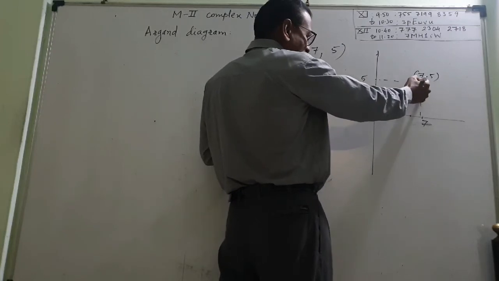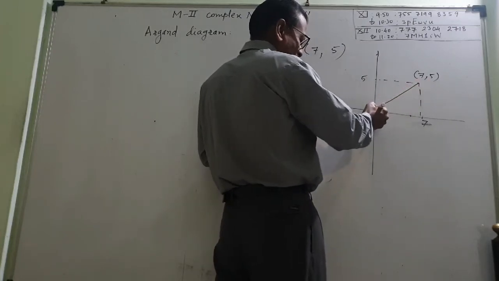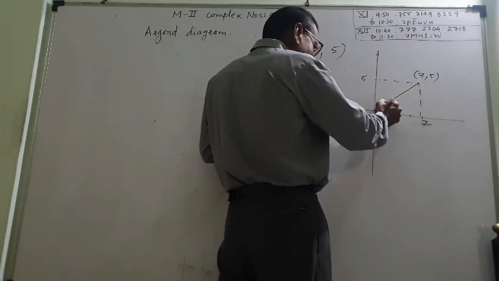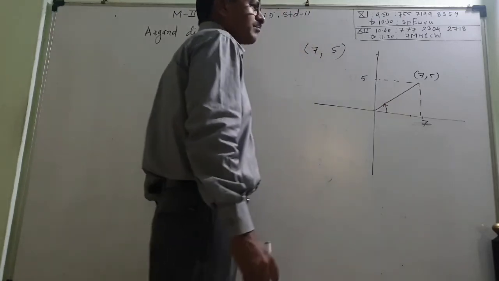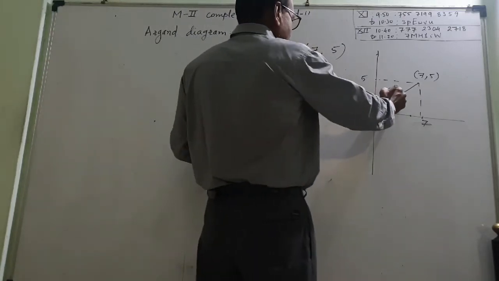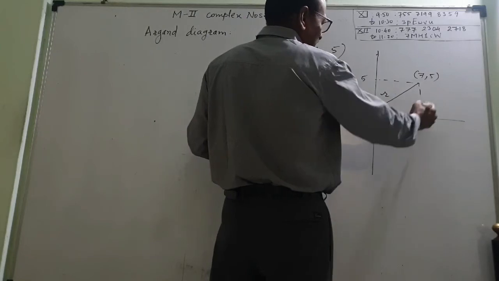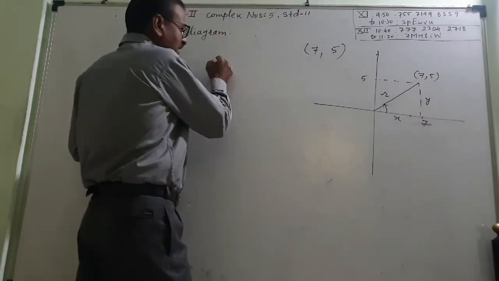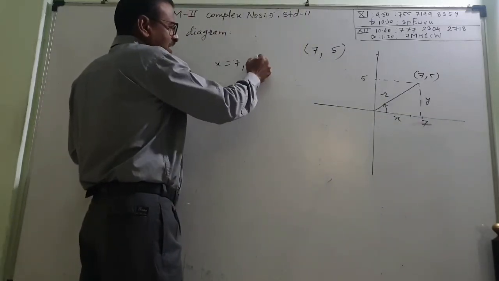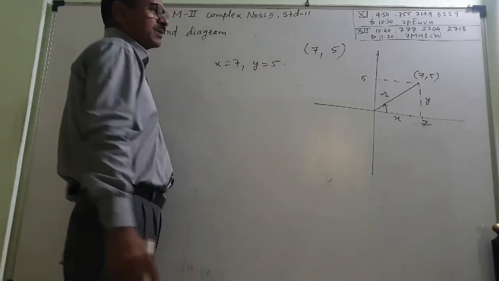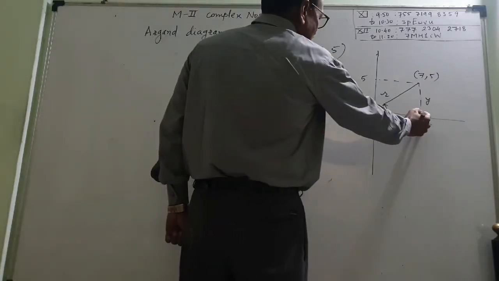I want to find this and then the angle. This is r, this is x, this is y. Here x is equal to 7 and y is equal to 5. This is 90 degree.